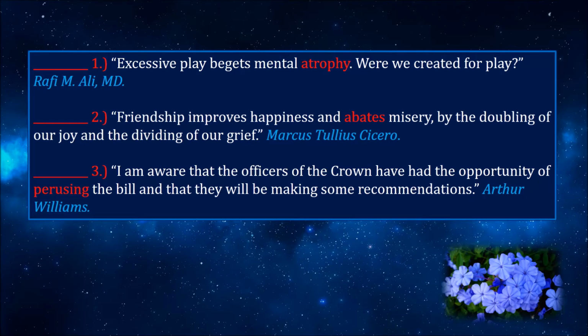So excessive play, too much play, gives birth to mental atrophy. In other words, a weakening of our brain, our mental and intellectual capacity. You play too much, and then your mind becomes a little bit slower, is what this is trying to say.